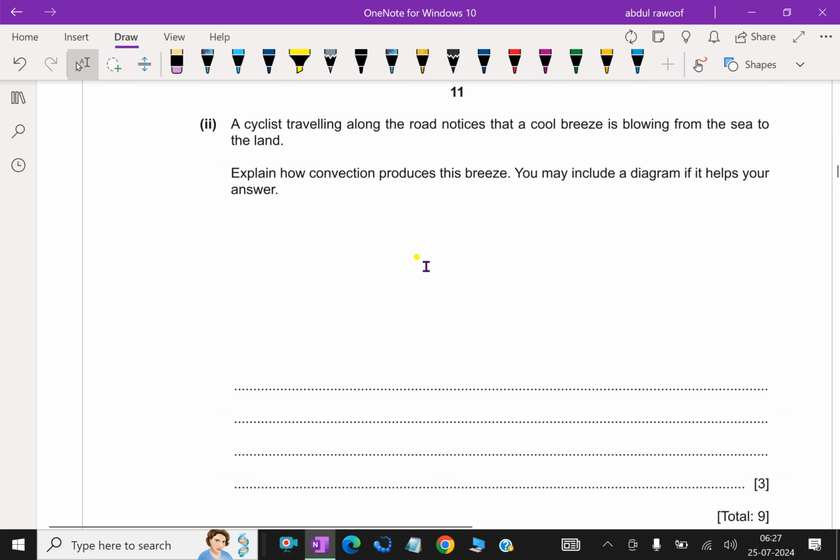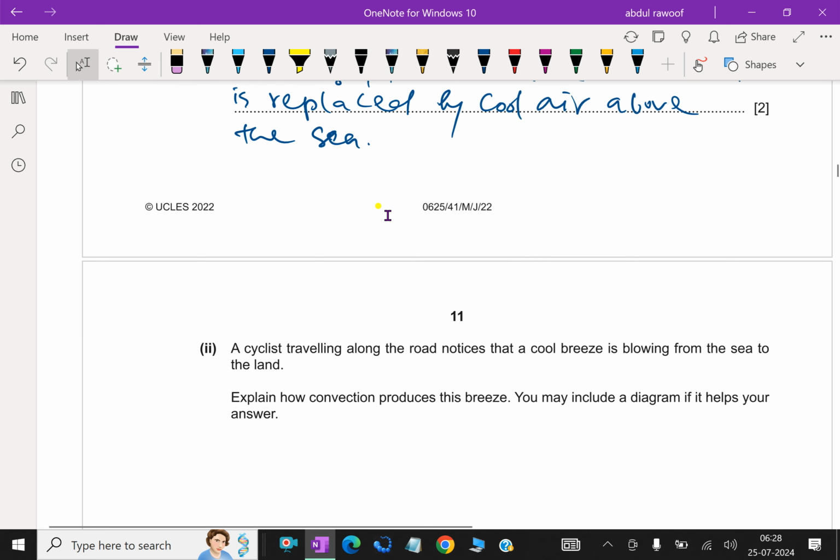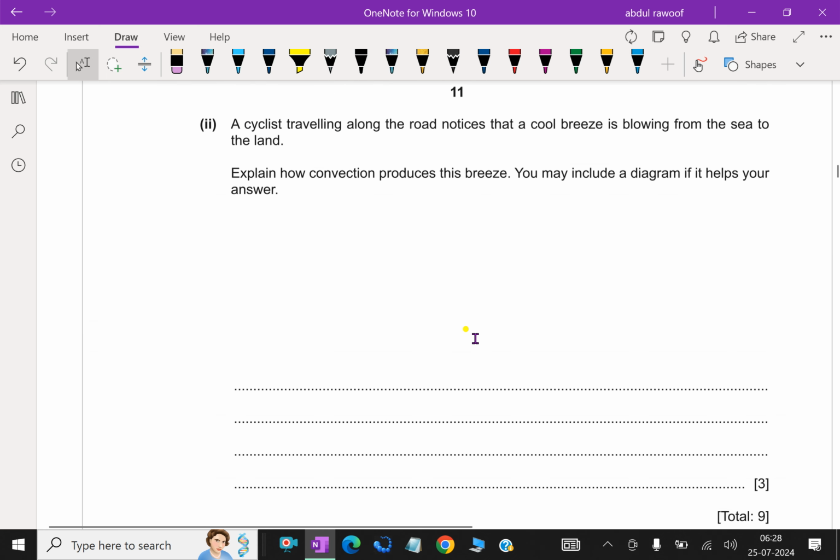Next question. The cyclist traveling along the road notices that a cool breeze is blowing from the sea to the land. Explain how convection produces this breeze. You may include a diagram if it helps your answer. That means the same procedure as here.